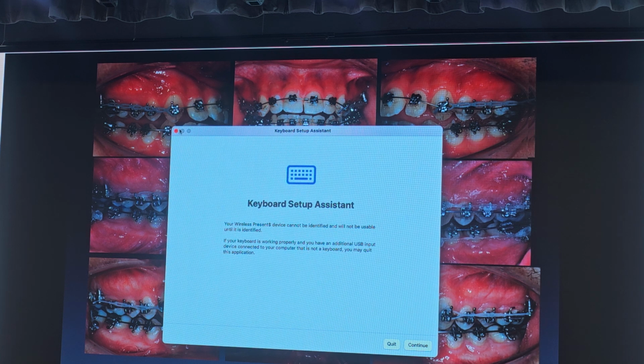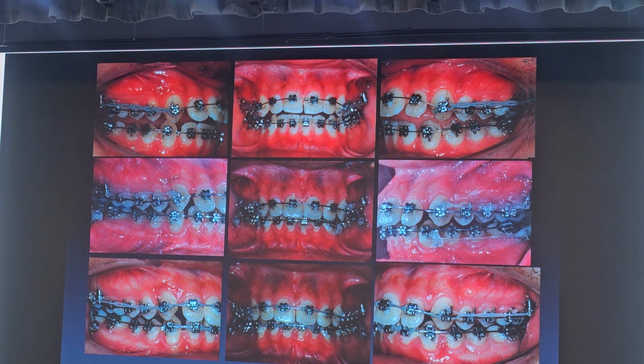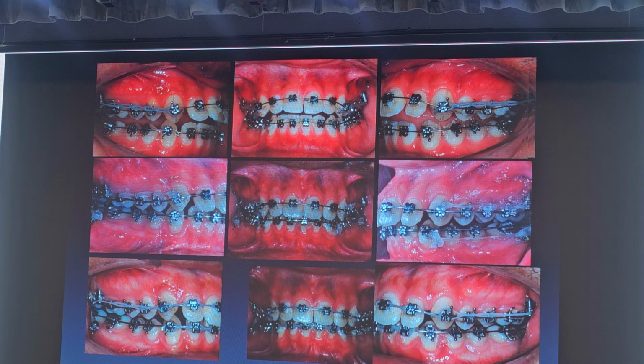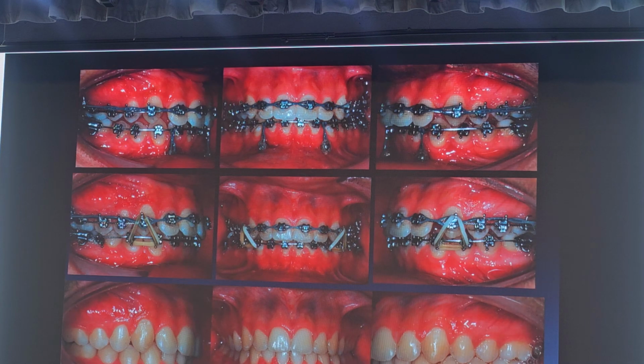Maybe my fingers are better. See that? My computer knows my fingers. I use this.